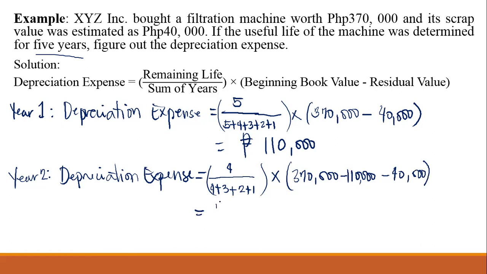This is equal to 2/5 times 260,000 minus 40,000. So, second year, this is equal to 88,000 pesos depreciation expense.